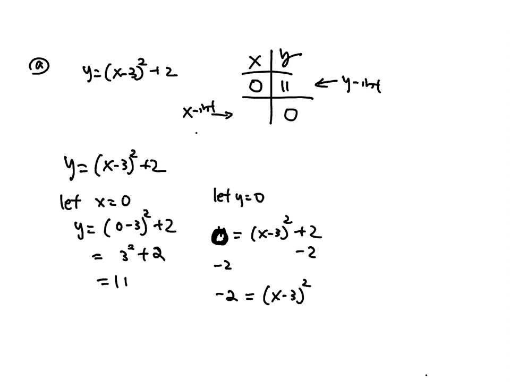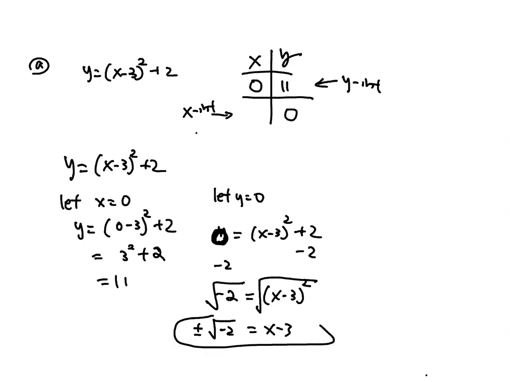If we square root both sides like we're supposed to do, you get plus or minus the square root of negative 2. Okay, and this means there is no x-intercept, because an x-intercept is a point, and I can't graph an imaginary number using a real number axis. So in this case, not available.